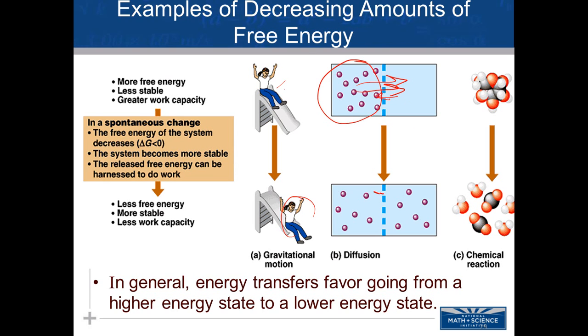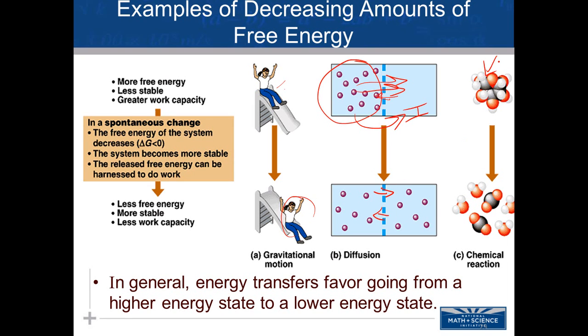When equilibrium is reached, the molecules are going to move across both sides of the membrane at the same rate. In this case here, again, there's more free energy, it's less stable, you're more likely to do work. What we have is a spontaneous reaction in which the molecules are moving from this side over here to that side. And now when we've reached equilibrium, less likely to do work, more stable, less free energy.